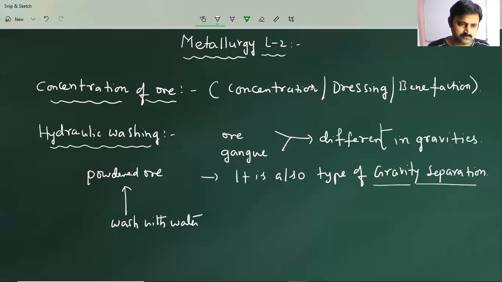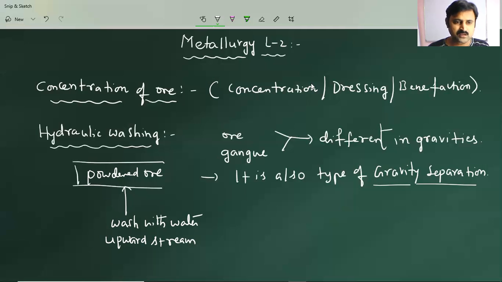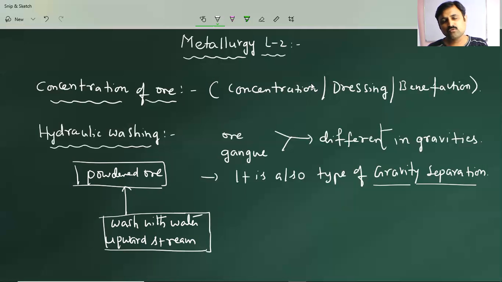That is the upward stream. Here we have the powdered ore, and this powdered ore is washed with water, in which water comes from the bottom and the powdered ore is present at the top. The ore will get completely washed with the water.